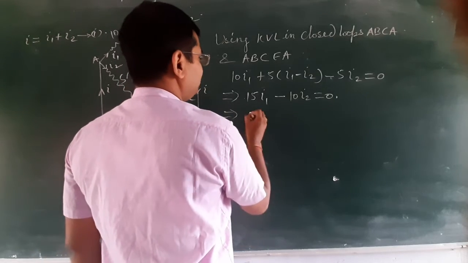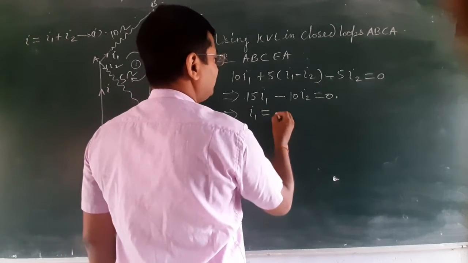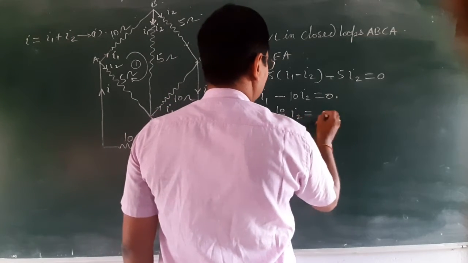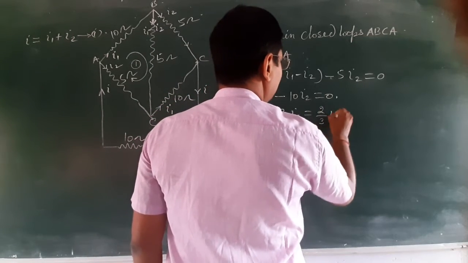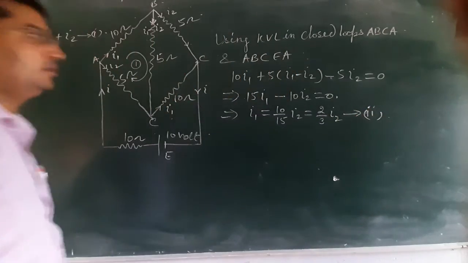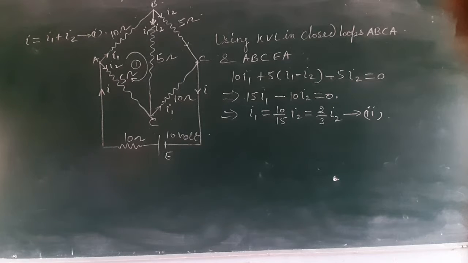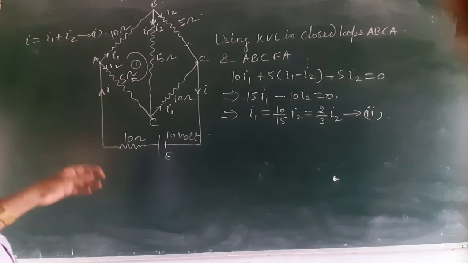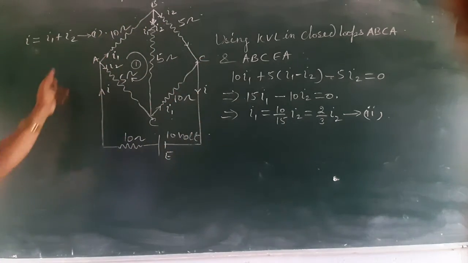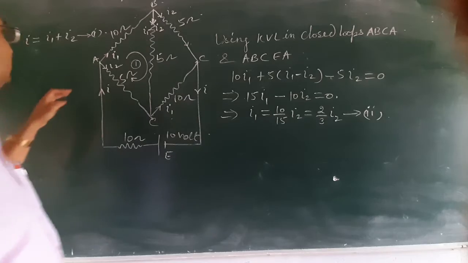This means that I1 is equal to 10 upon 15 I2, that is equal to 2 by 3 I2. This is equation number 2: I1 is equal to 2 by 3 I2. Now you can use the same Kirchhoff second law in the bigger closed loop.